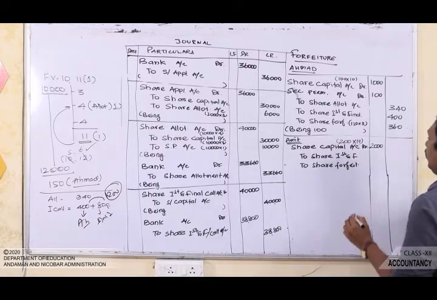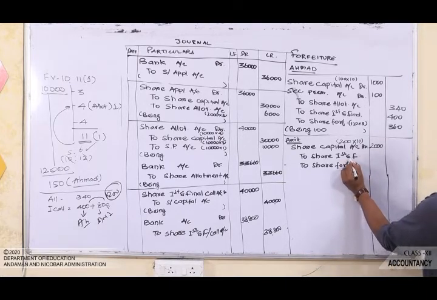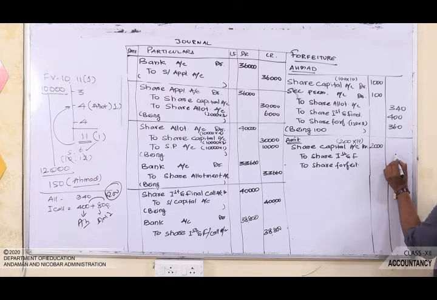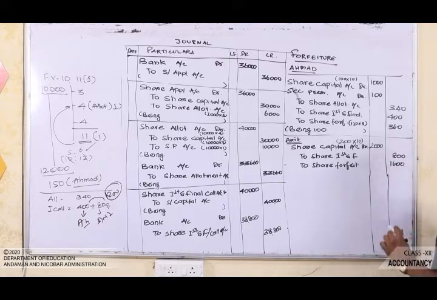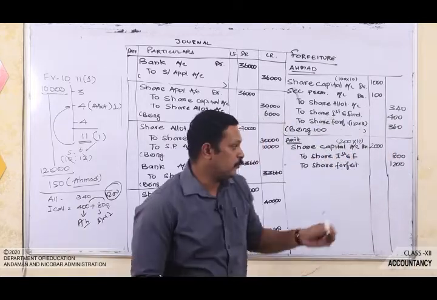Right. And the first call arrear is given in the working note, 200 into 4, that is 800. So the amount received is 1,200. Right? It will be very easy for you.